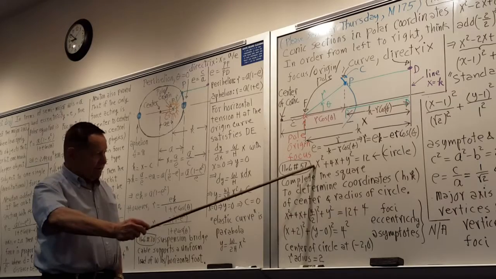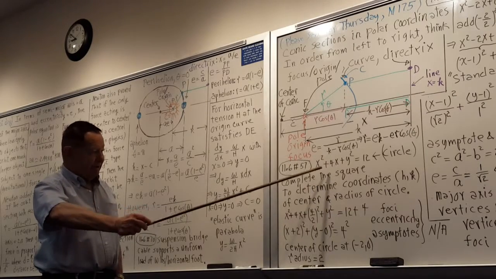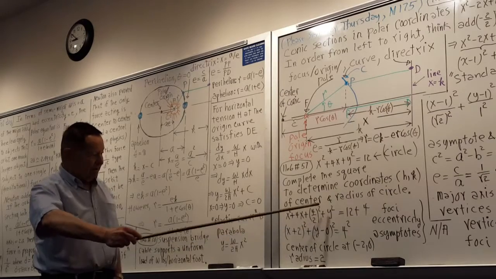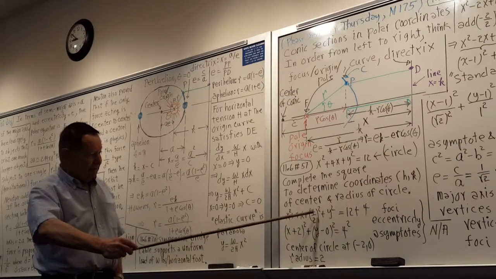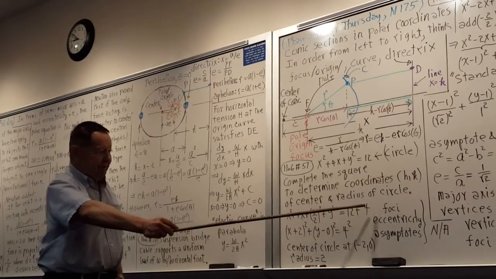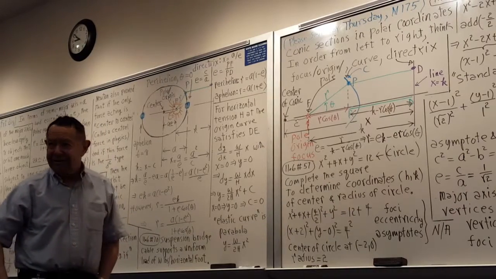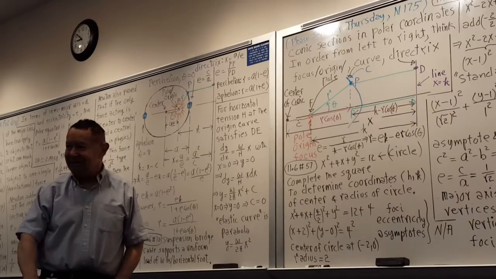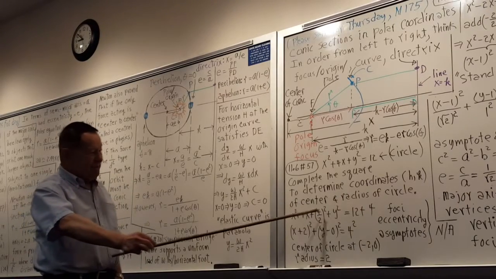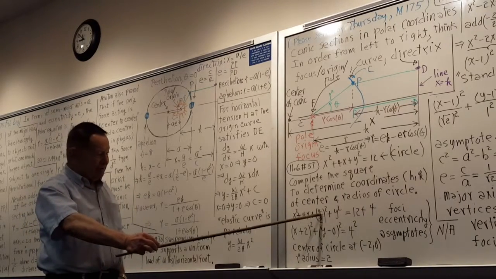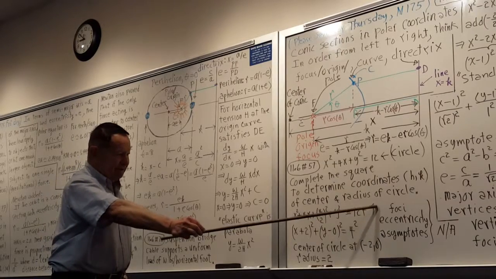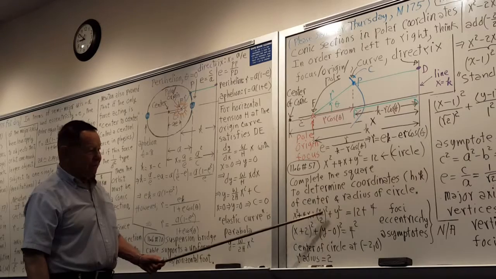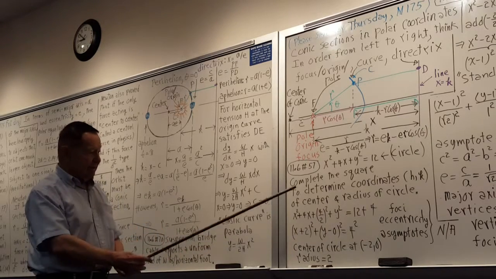So this is a 1, so I just take this 4, half of it, so I'm dividing by 2, and square. And of course, if you add on the left, you have to add on the right, because we keep honest books in the math department, right? And so 4 over 2 is 2, squared is 4, so I just wrote it as 4 over here. What I'm adding then is 4 on both sides.